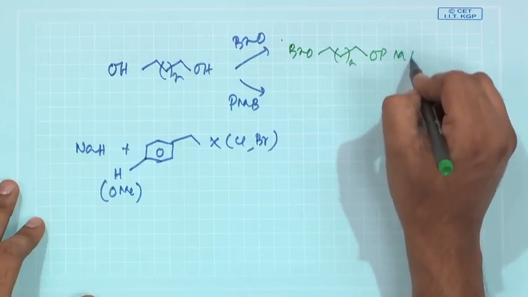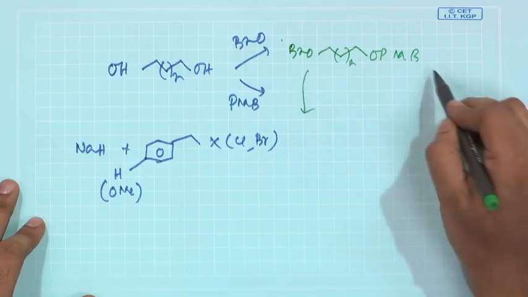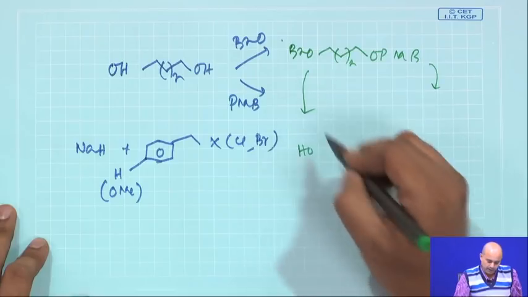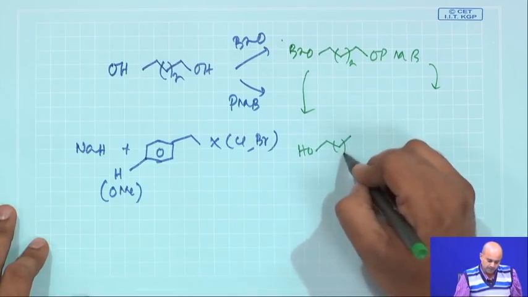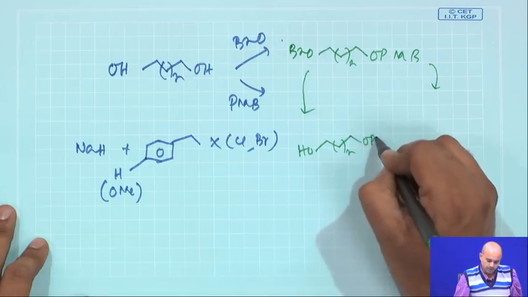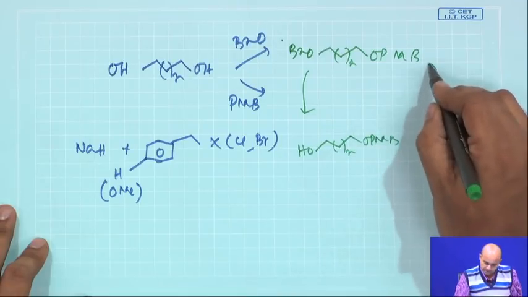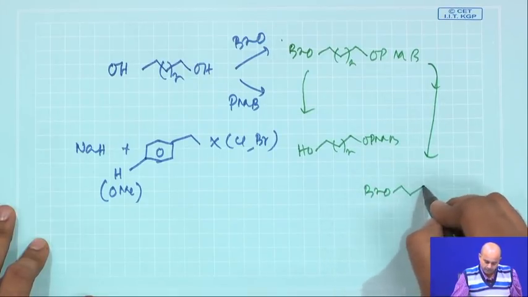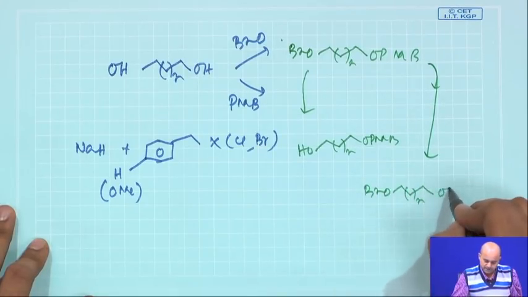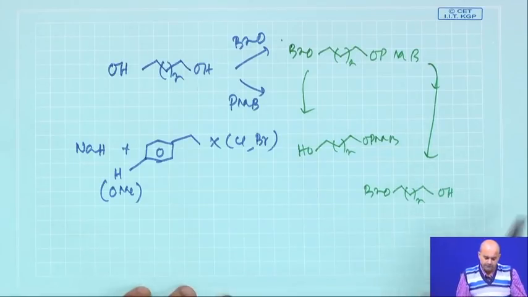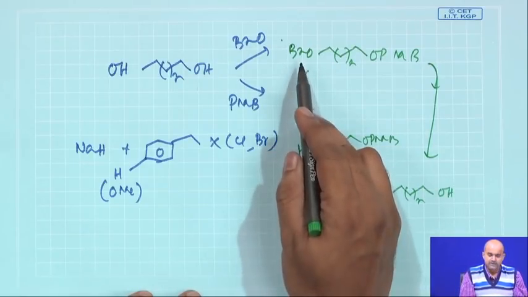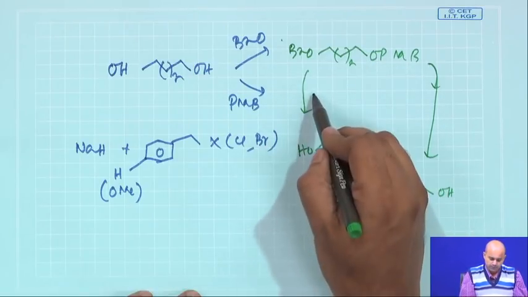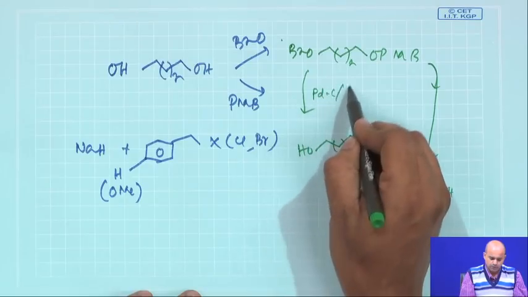Now, I need two conditions to test whether these groups are orthogonal to each other. I need one condition where OBn can be selectively removed to give you OPMB, and another condition where OPMB can be selectively removed in the presence of benzyl. The answer is yes, you can do it. Both benzyl and PMB can easily be cleaved if you treat the compound with palladium on charcoal and hydrogen.